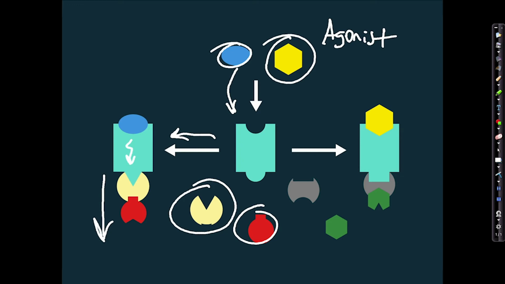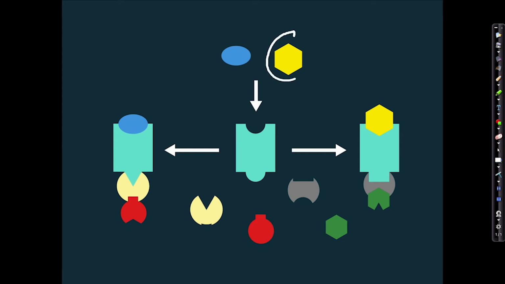However, in the second case, with the hexagonal agonist here, when it binds to the ligand binding site, it induces a different type of conformational change in the ligand binding site, and thus in the intracellular domain. And again, now you should understand how that can be possible.